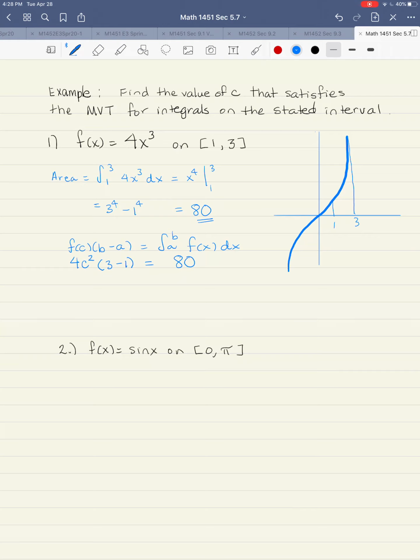And then we calculated this number over here to be 80. Now we're going to solve this equation for c. 2 times 4 gives me 8c squared is 80. So c squared is 10, and in that interval, c would have to be the positive square root of 10.